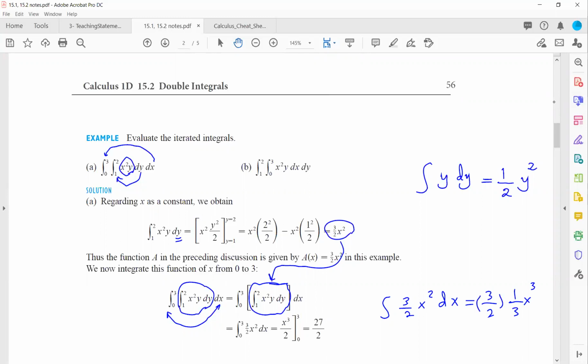Obviously you can cancel out 3 and 3. You get x cubed divided by 2, and x ranges between 0 to 3. If you plug in 3, you get 27 over 2. If you plug in 0, you get 0 over 2, which is 0. So the outcome is 27 over 2.